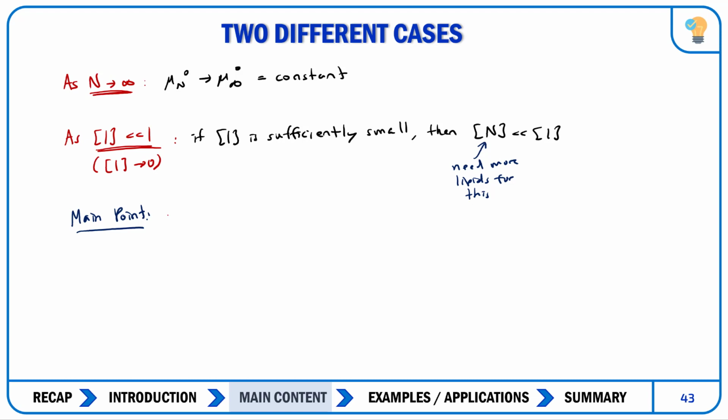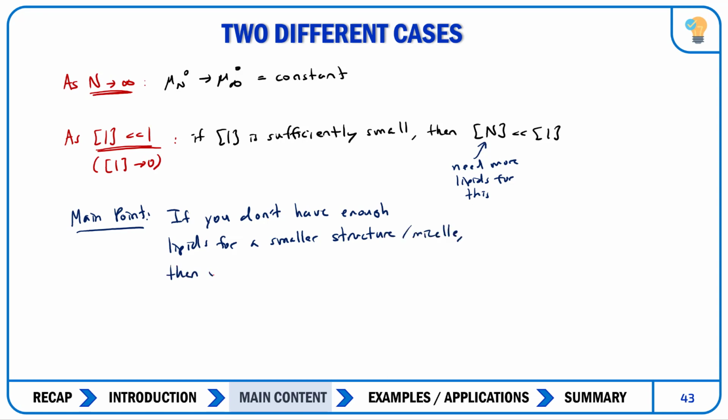So, main takeaway point, if you don't have enough lipids for a smaller structure or micelle, then you will surely not have enough to form large n-mer structures.